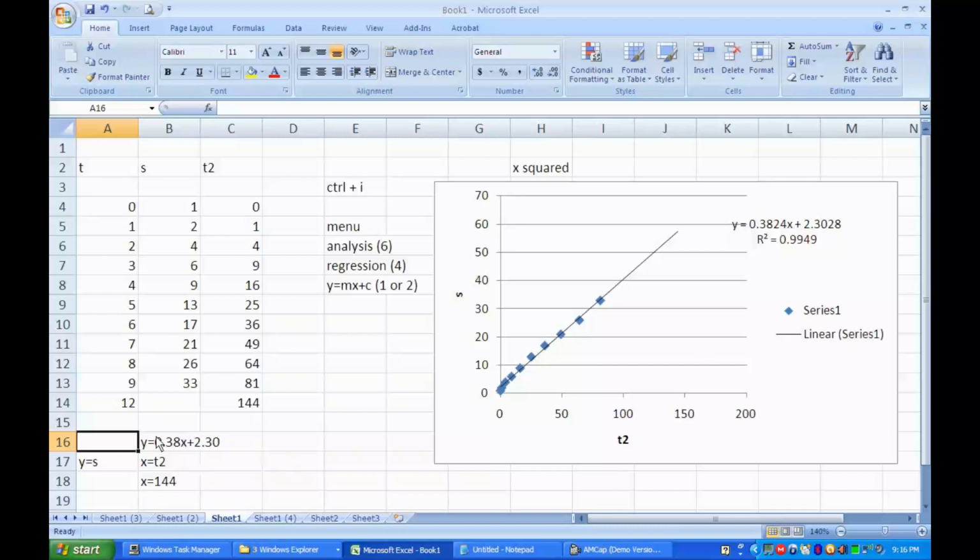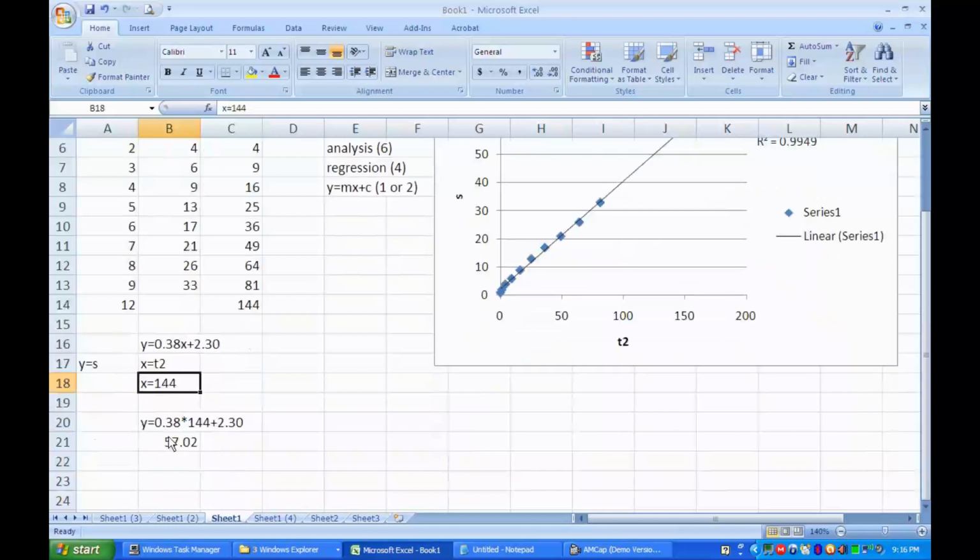So remember, the question said what's the speed at 12 seconds, but in this equation, do not put in 12, because x is not time, x is time squared. So instead, for the x value, you would put in 12 squared, because time squared, when time is 12, is 144. So x here is equal to 144.